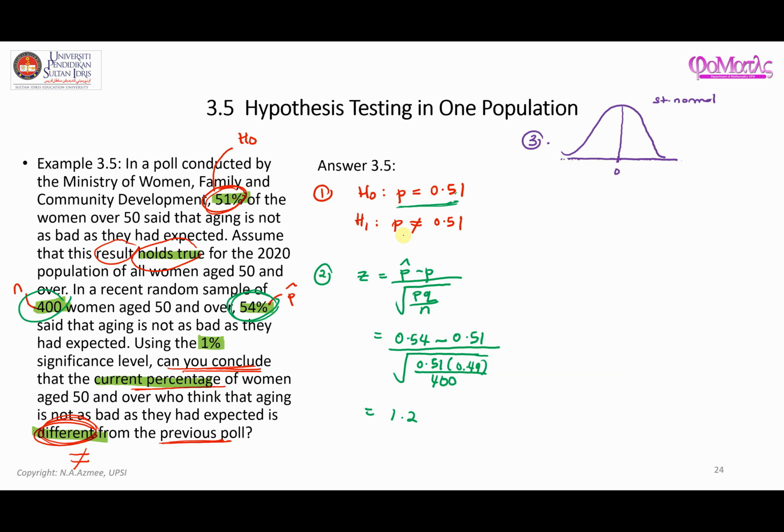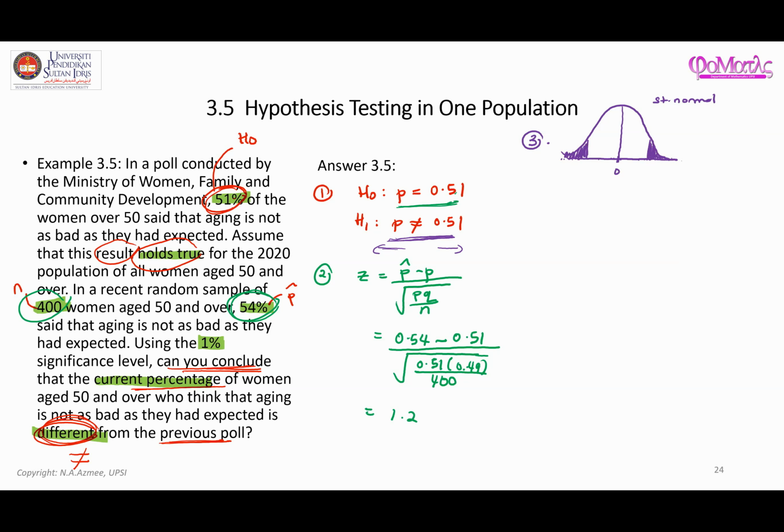Since the alternative hypothesis is a two-sided hypothesis test, it means it can go in either this direction or that direction, left and right. Therefore, the critical regions are going to be on both ends. So this is the left side and the right side.